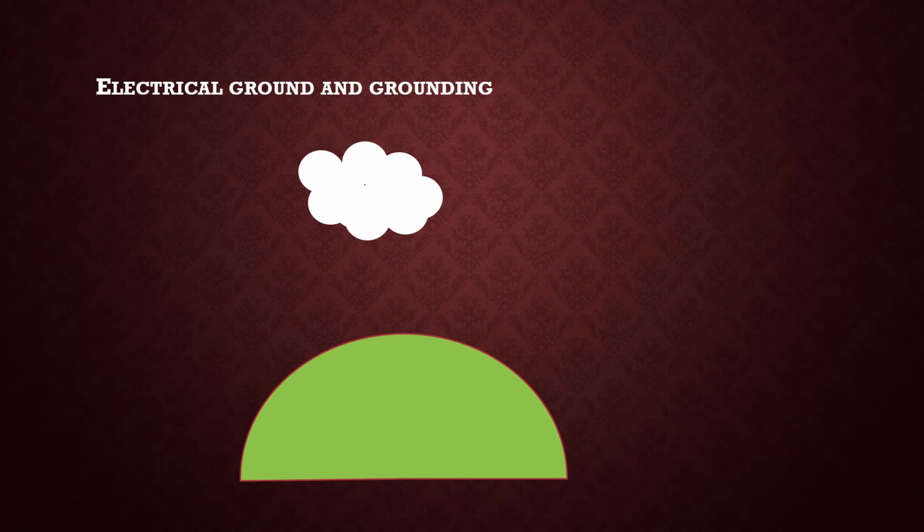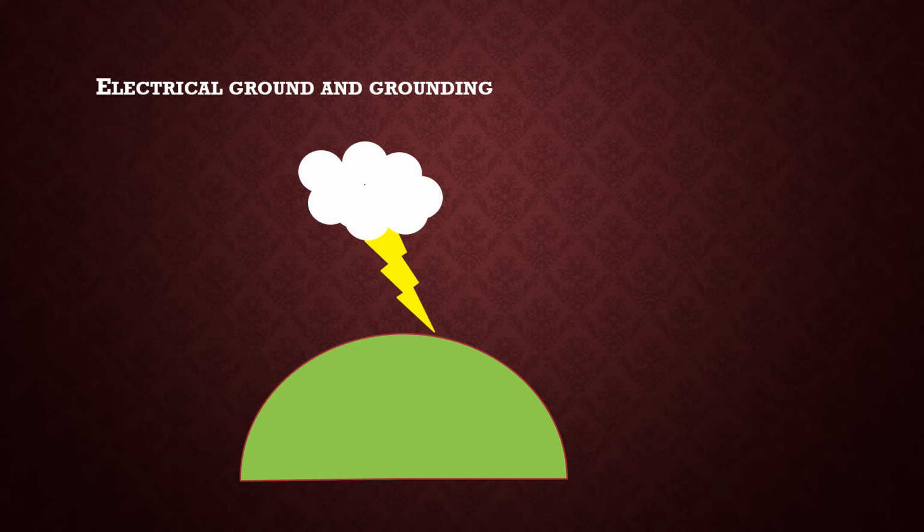So the idea of ground is sort of common sense. In the case of a natural electric phenomenon, namely thunder and lightning, lightning is a passage of current from a voltage source, namely the ions that develop inside a cloud formation, discharging to the earth, which then dissipates the energy.